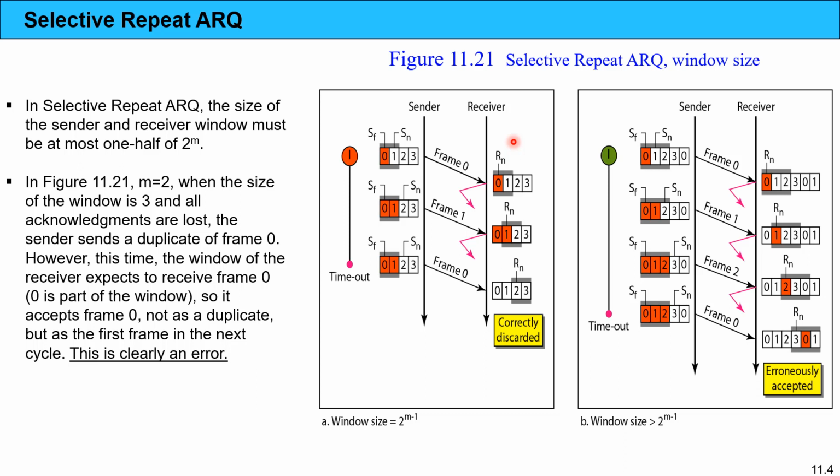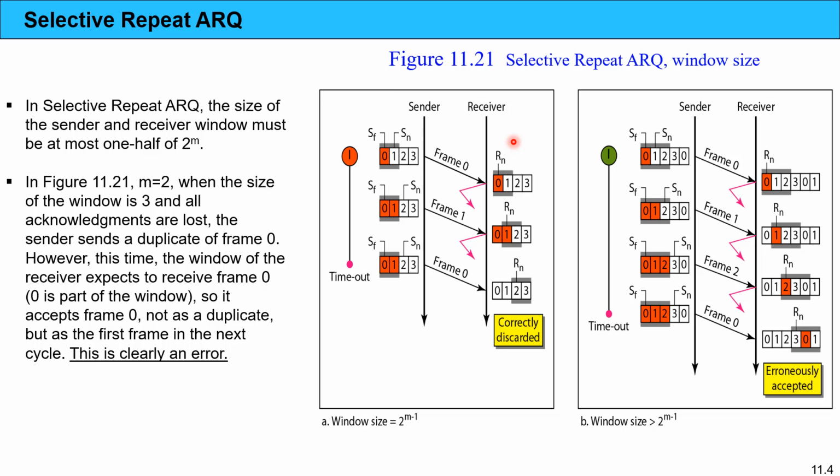So for m equal 2, the window size is 2 to the power m minus 1, which is 2.